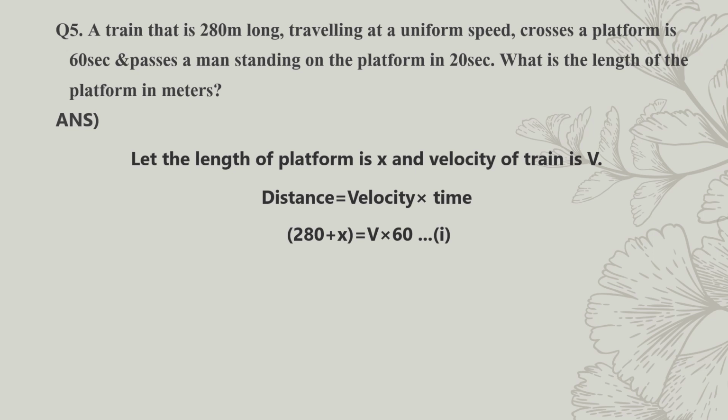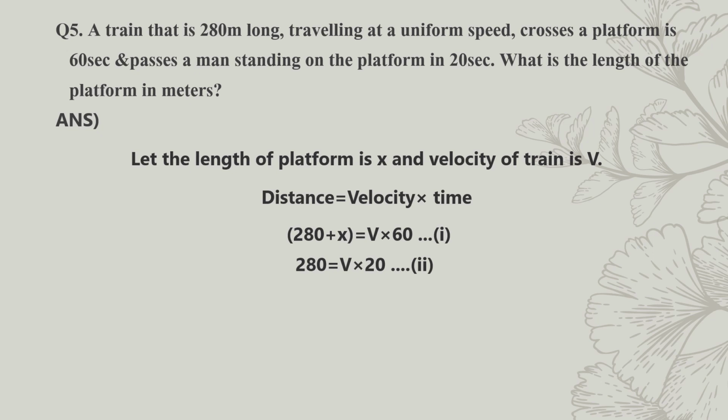The first equation is 280 plus x, where 280 is the length of the train and x is the length of the platform, which is equal to velocity into time. The second equation is 280 meters, the length of the train, equal to the velocity v into 20 seconds, since the train passes a man standing on the platform in 20 seconds.